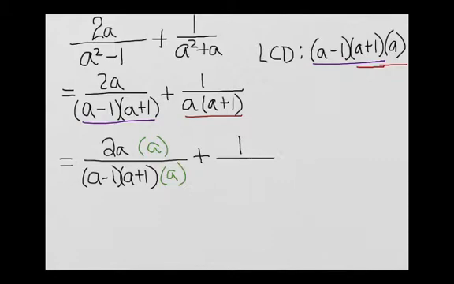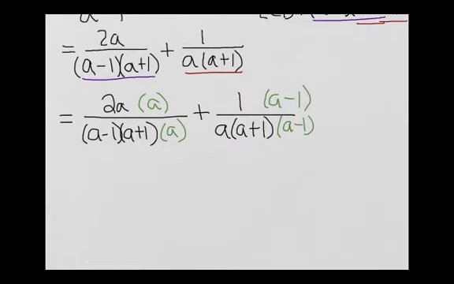And our second fraction already has the factors a and a plus 1, so for it to have the common denominator we need to multiply the numerator and denominator of this fraction by a minus 1. So we haven't changed its value, we've just changed the way it looks.